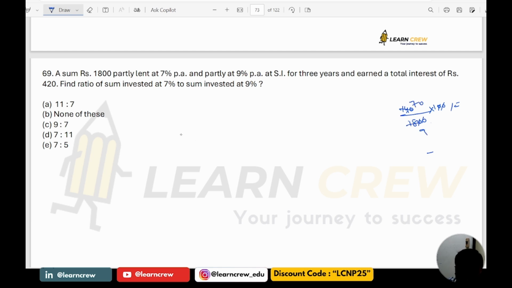So the cheaper is 7, dearer is 9, the mean is 70 by 9. The ratio: 9 minus 70 by 9, 81 minus 70, which is 11 by 9; and 70 minus 63, 7 by 9. So answer is 11 is to 7.